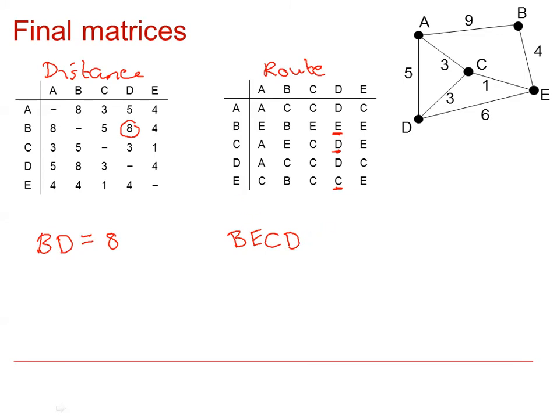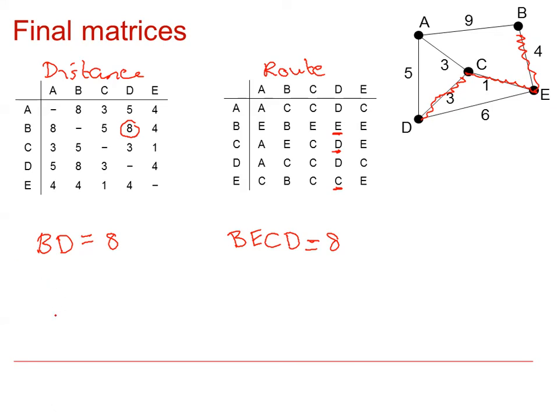So the route is B, E, C, D with a weight of 8. If we check on our network, we go to B, down to E, up to C, and down to D, we can see that's 8, and there was no direct link anyway.